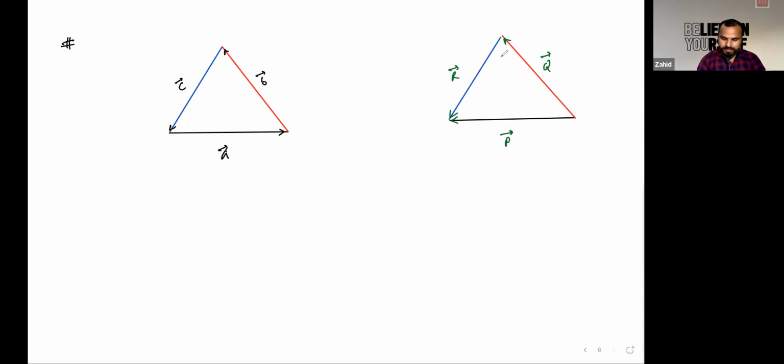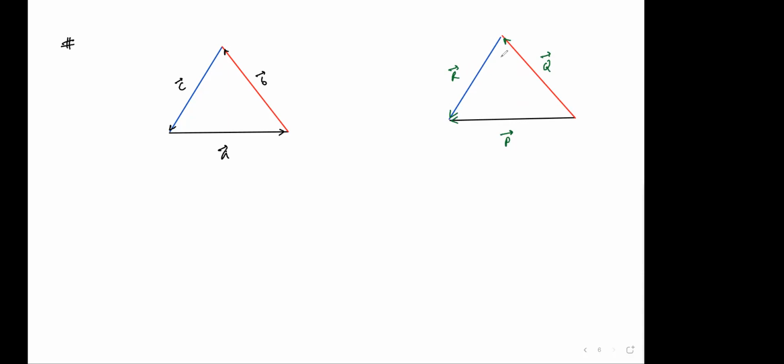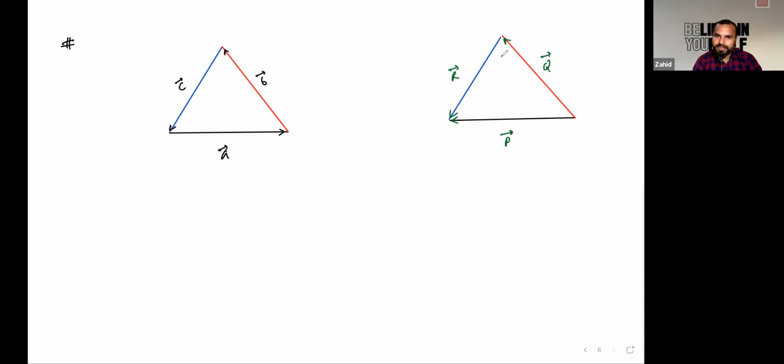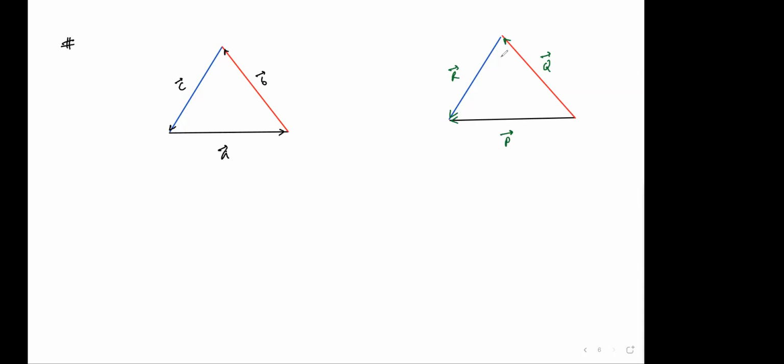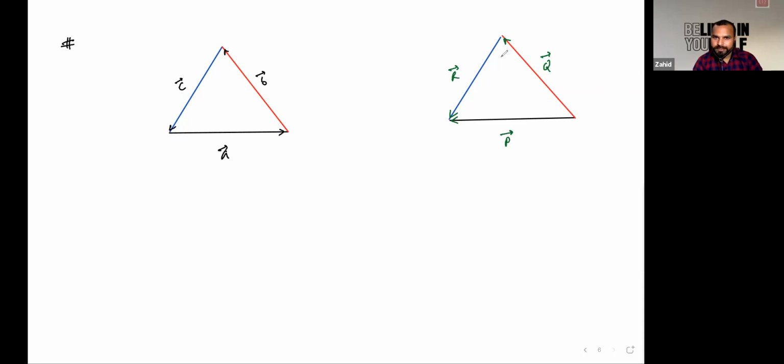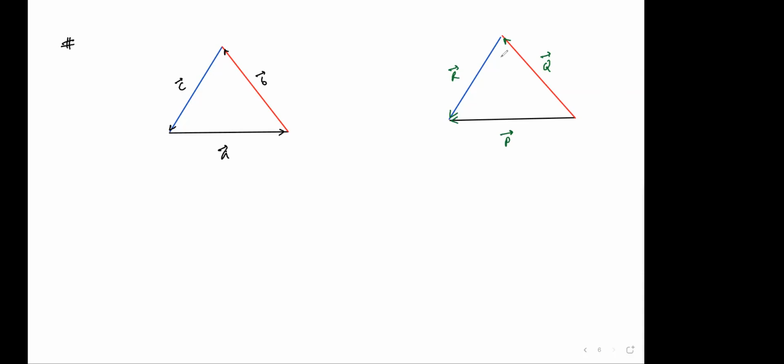In this second example, which will be the resultant according to you? Any guess? Maria? Sir, the angle between R and P. I'm asking which one will be the resultant among P, Q, R? R. Okay. Samira? No, sir, P. Samira, which one will be the resultant? Don't know, sir. Safan? Any guess?